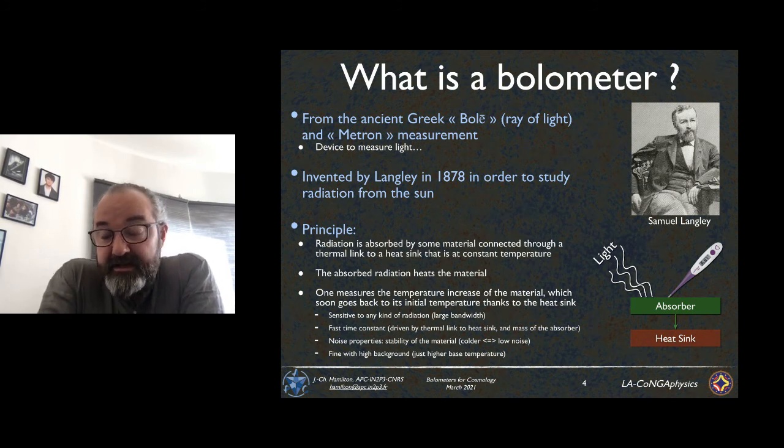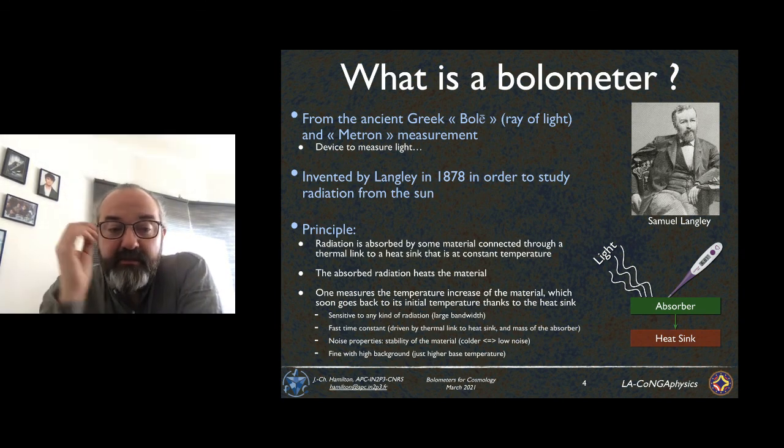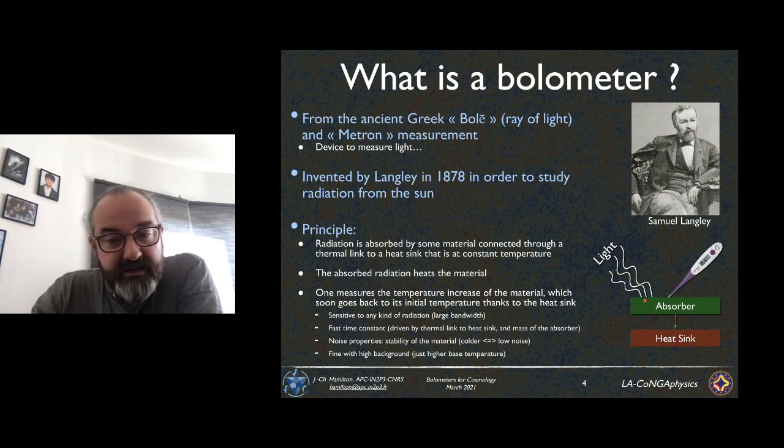But basically, this is related to the stability of the material, so meaning that the colder the material, the lower the noise. One of the nice features of bolometers is that they work fine with high background, meaning that if you have a lot of light coming in, it means that the temperature of this absorber will be slightly higher than with less light, but the ability to measure radiation is still there. Okay?